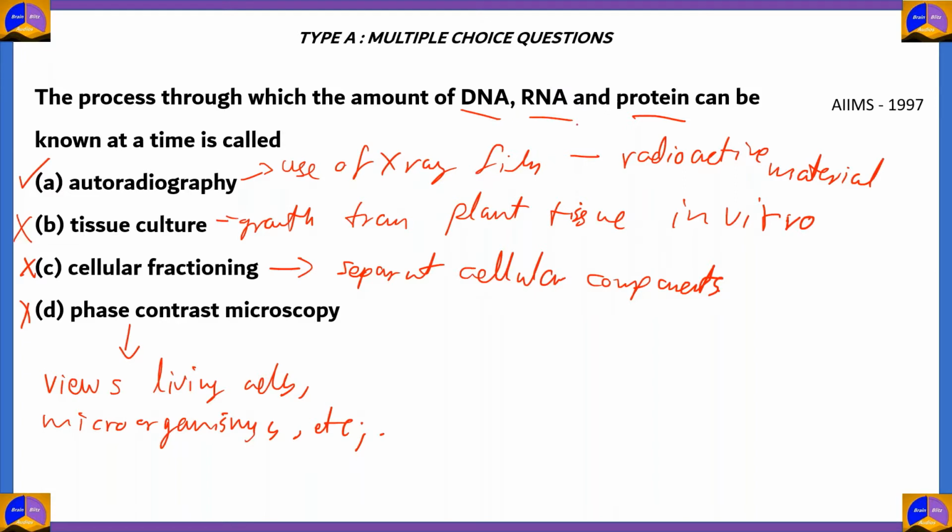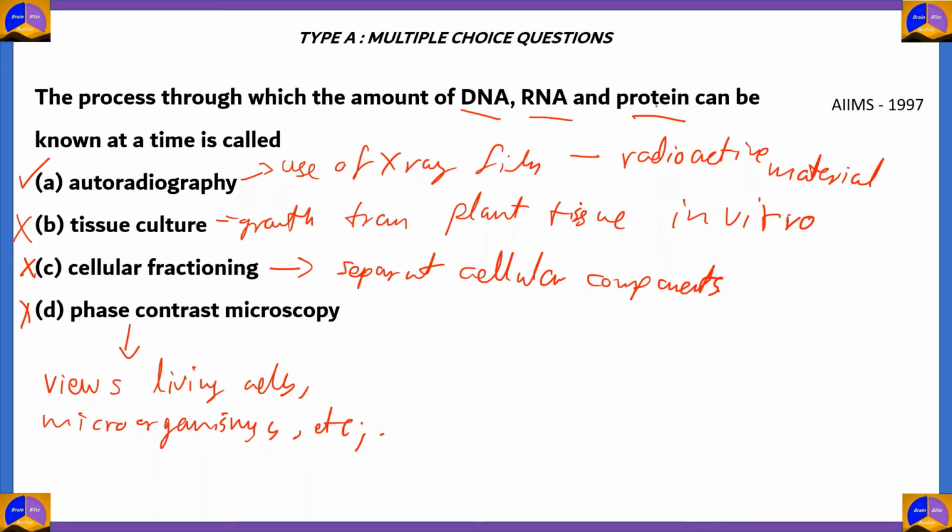So if you can replace the phosphorus with radioactive phosphorus, and in proteins, if you can replace the natural sulfur with radioactive sulfur, radioactive isotope of sulfur, you'll be able to gauge the amount of DNA, RNA, and protein using autoradiography.